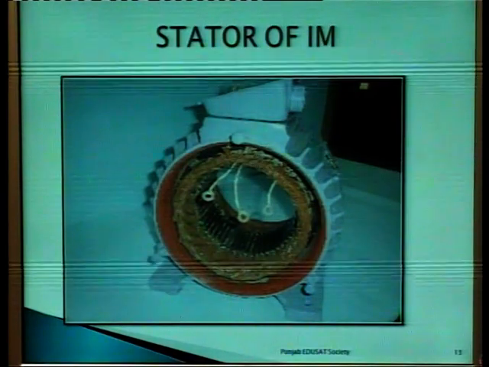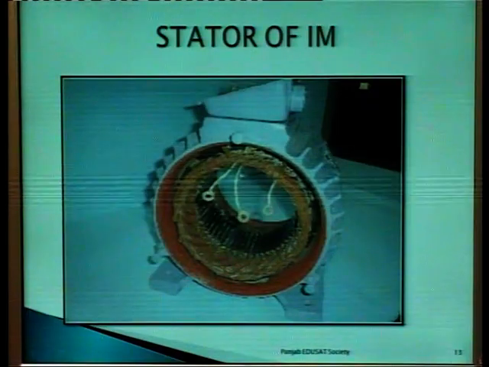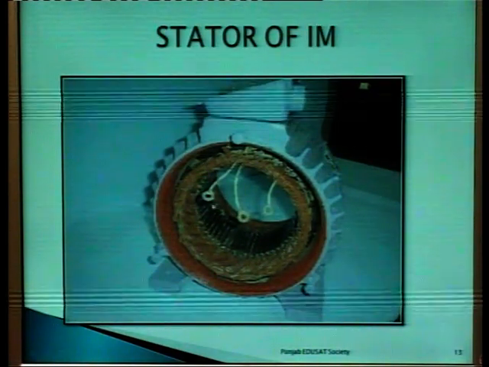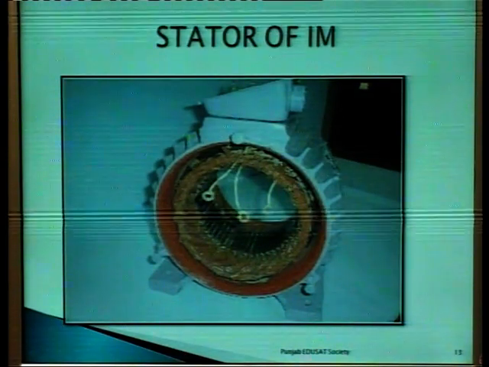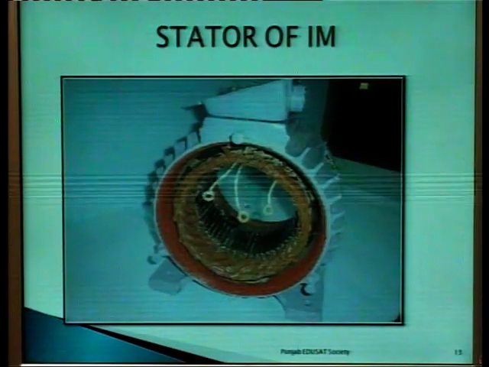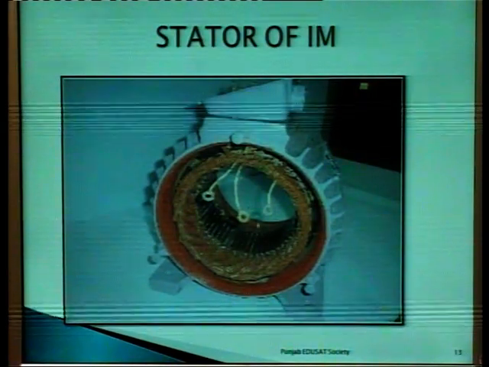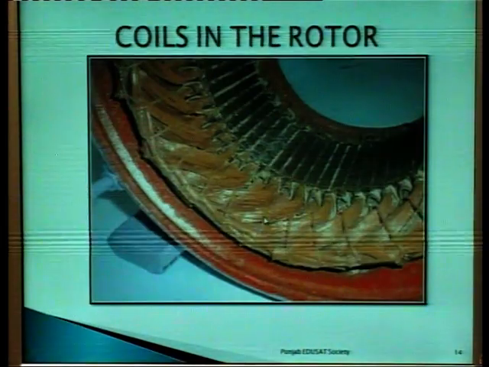This is the winding. All the conductors are inserted in the slots of the stator, and these are the three terminals taken out from the winding connections to connect with the main supply. This is the enclosure of the motor. Inside there would be a rotor which would be rotating in the space given here. This is the stator of an induction motor.